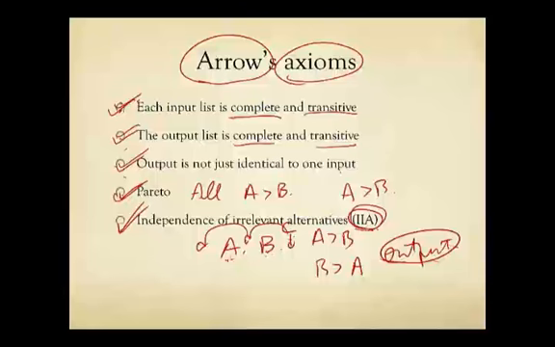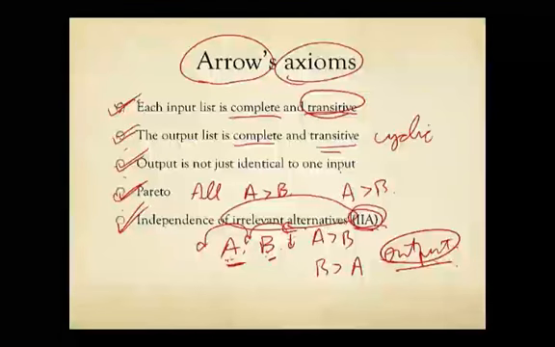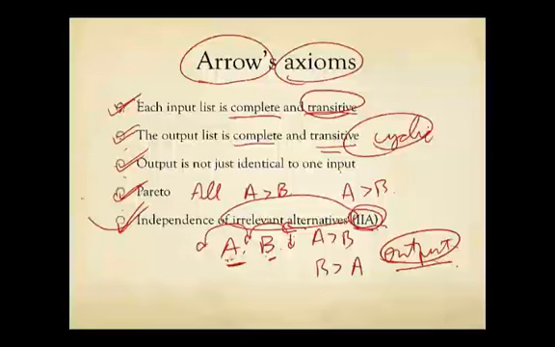The fact that these 5 are logically inconsistent among themselves, which is what Arrow's negative impossibility result says, is due to the fact that these seemingly irrelevant alternatives are not irrelevant after all. Where other candidates sit relative to A and B actually should make a difference in the output. Without that, you can have transitive inputs and yet a cyclic output. In other words, axiom 5 can preclude the existence of axiom 2.